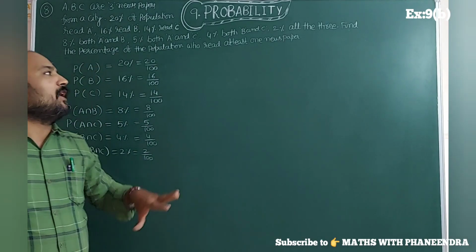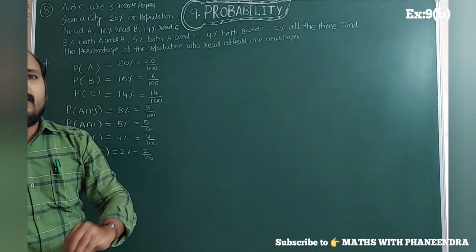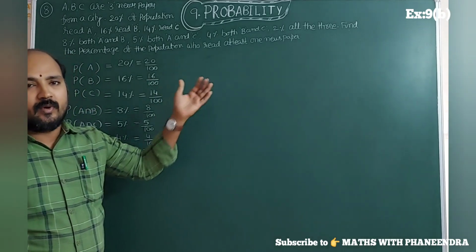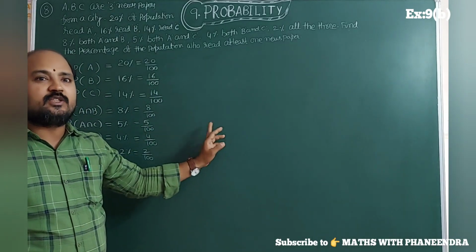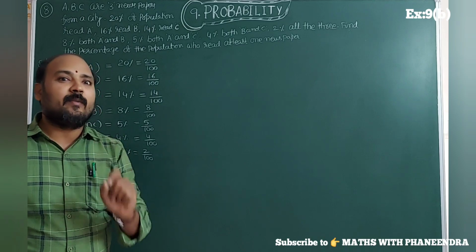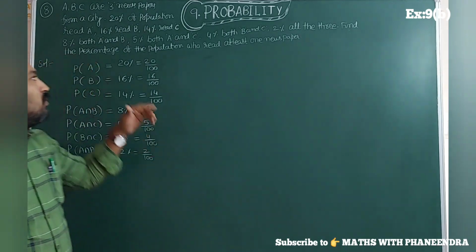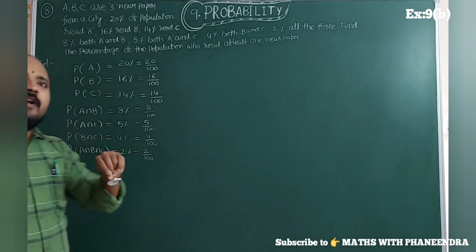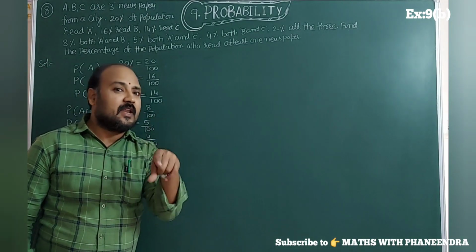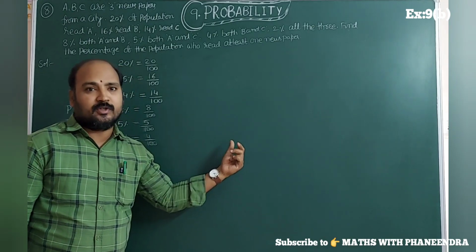Wherever you get at least one in the question, you can apply the addition theorem on probability. Here we have more than two events, but the addition theorem for three events also exists. That formula we are going to apply, dear students.